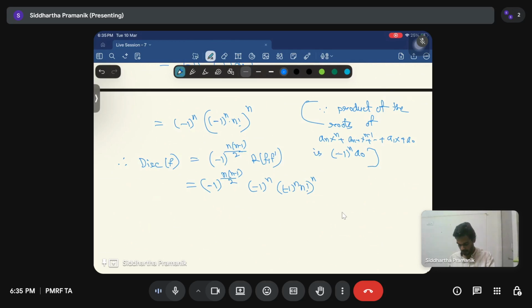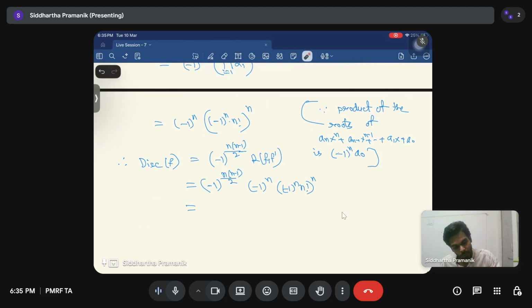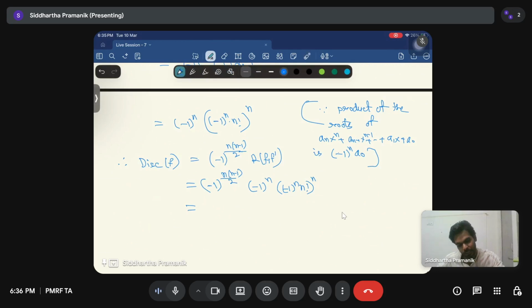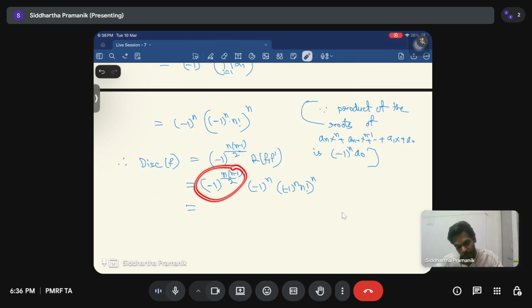So what will this be? Minus 1 power n whole power n will be just 1.